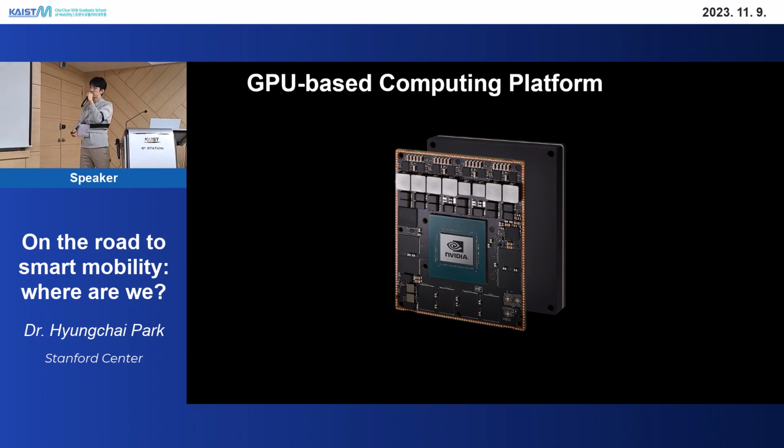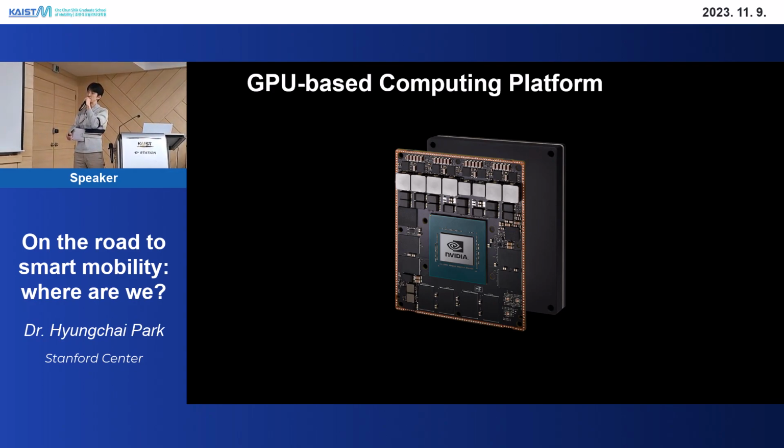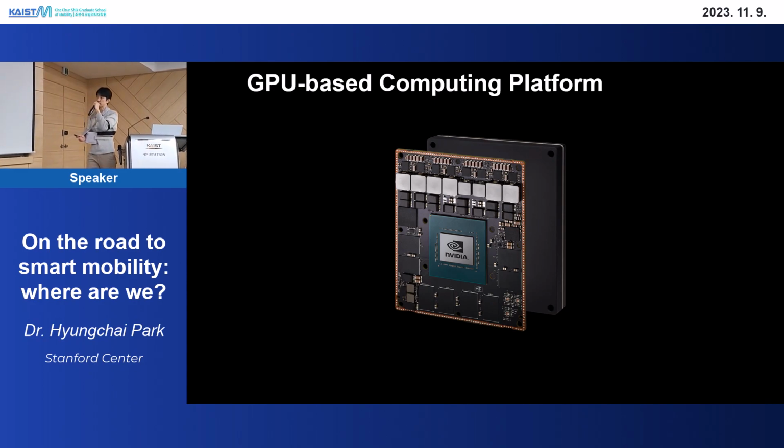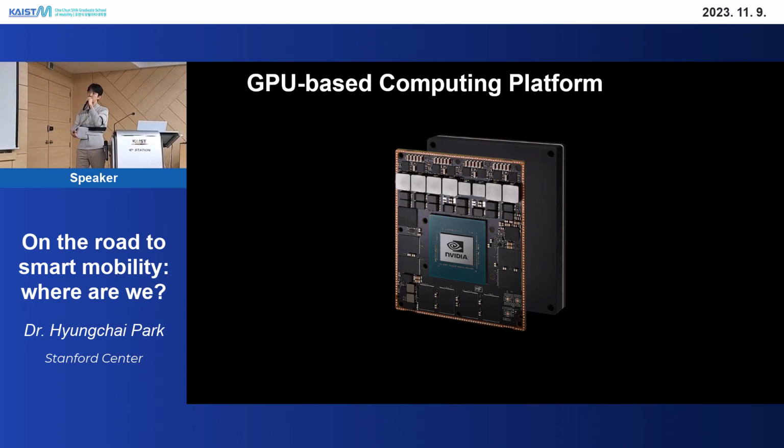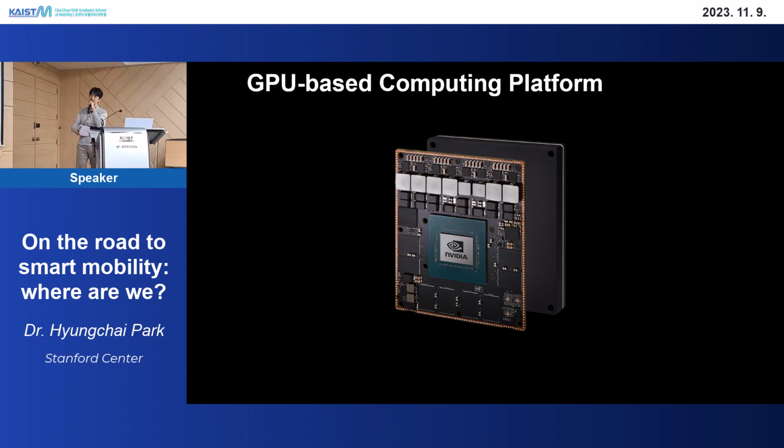Vision analysis through deep learning and also this localization using LiDAR require lots of computing power. But GPU-based computing platforms turn out to be very effective at calculating these in real time. That's why NVIDIA, formerly a graphics card manufacturer, has now become a leading big tech company in the autonomous driving industry.